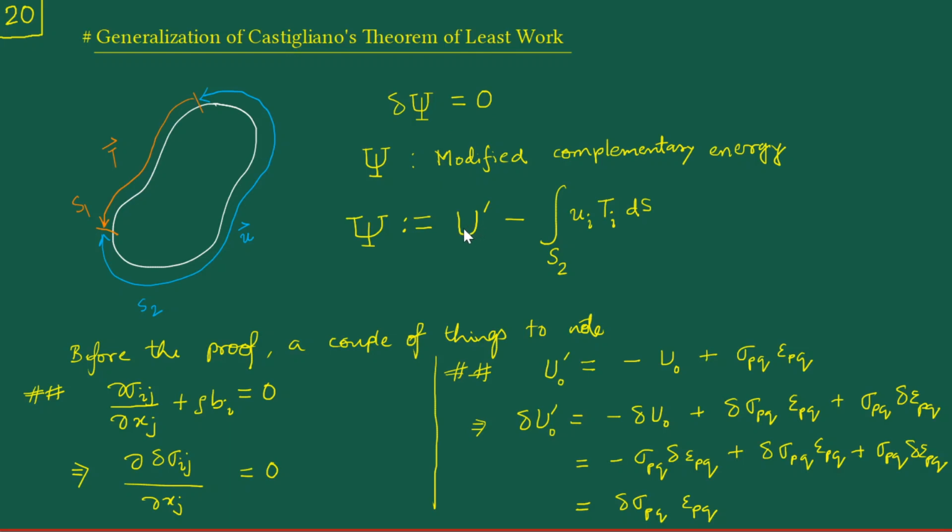Okay, and if we can show that delta u dash is equal to the delta of this thing, then our job will be basically done, because then we can just transpose this thing to the left hand side and we can say that that entire thing is this psi, and then we can say that delta psi is equal to 0. This is our plan. Okay, we are going to try to show that delta u dash is equal to the delta of this thing. That's the plan. Okay, so let me go to the next slide.